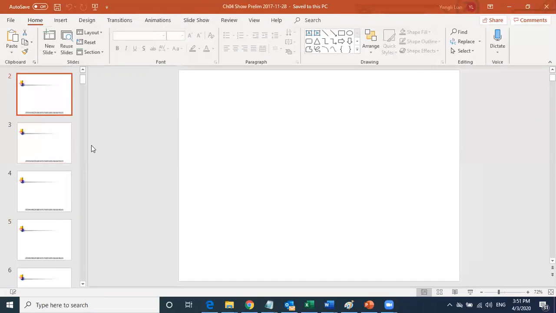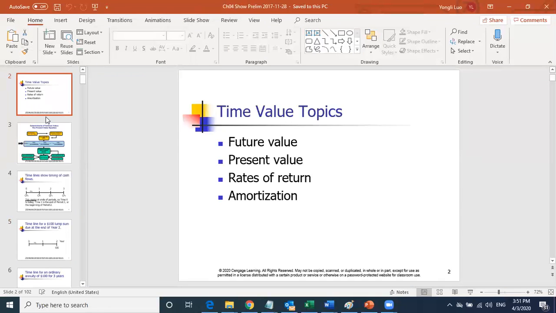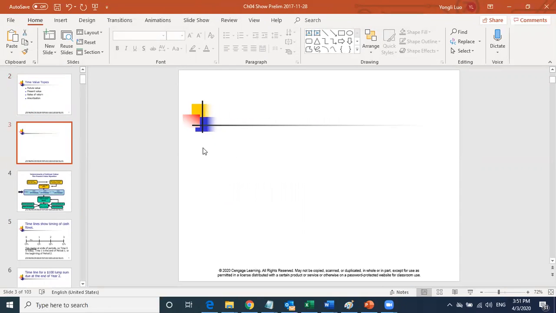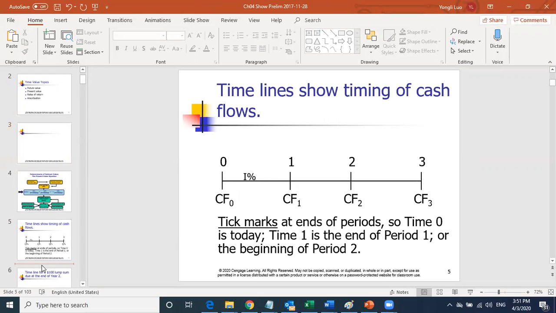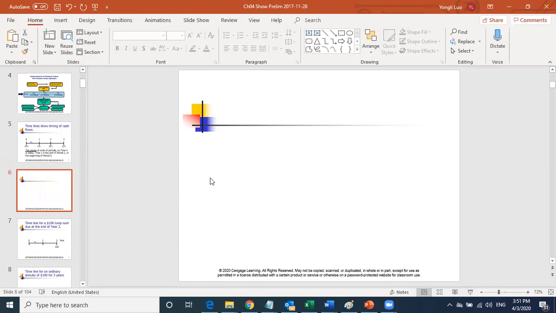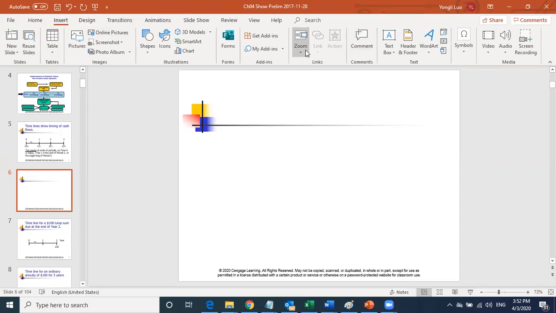We enable editing. So okay. Okay, so you have money today and you have money tomorrow. Basically, the money you have, the money you have today is more than the money you have tomorrow. Okay, so that's why.